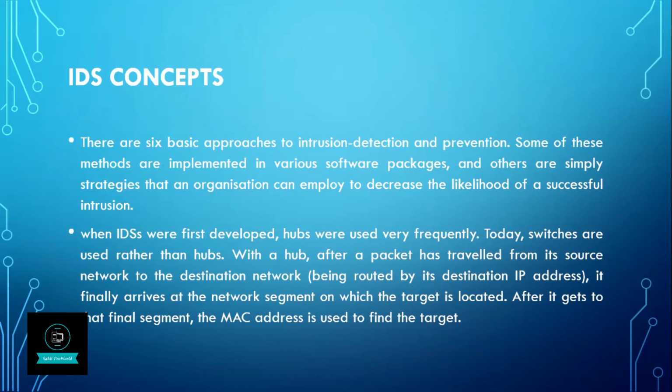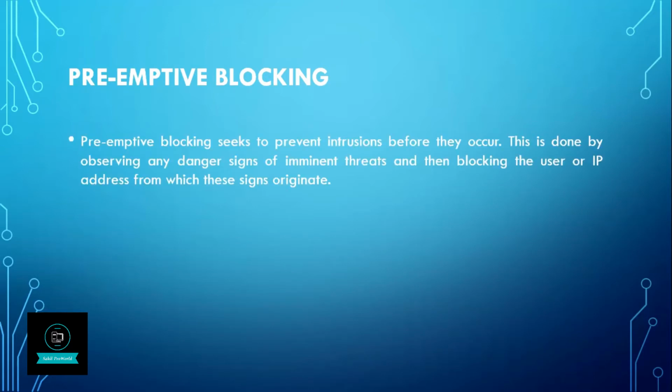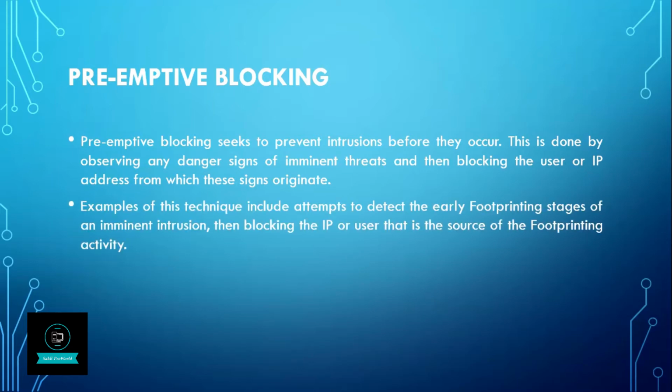Now the first approach is preemptive blocking. It seeks to prevent intrusions before they occur. This is done by observing any danger signs of imminent threats and then blocking the user or IP address from which these signs originate. Examples of this technique include attempting to detect the early footprinting stages of an imminent intrusion, then blocking the IP or user that is the source of the footprinting activity.